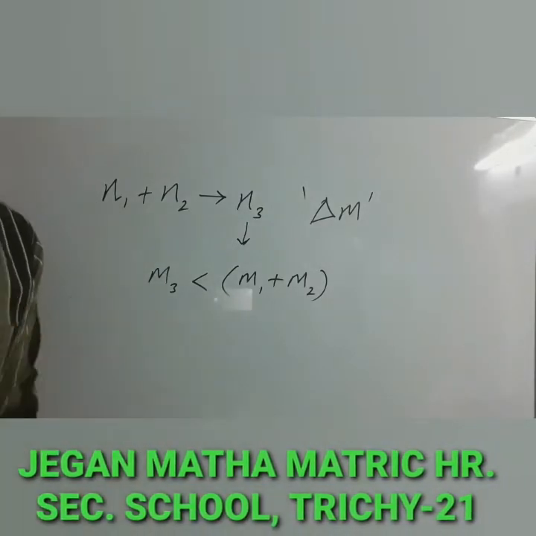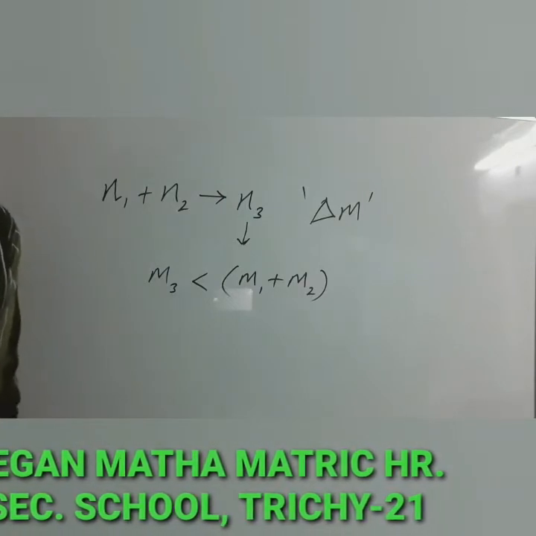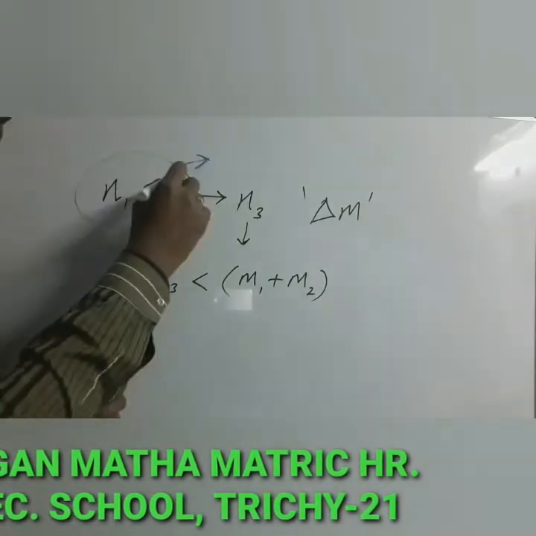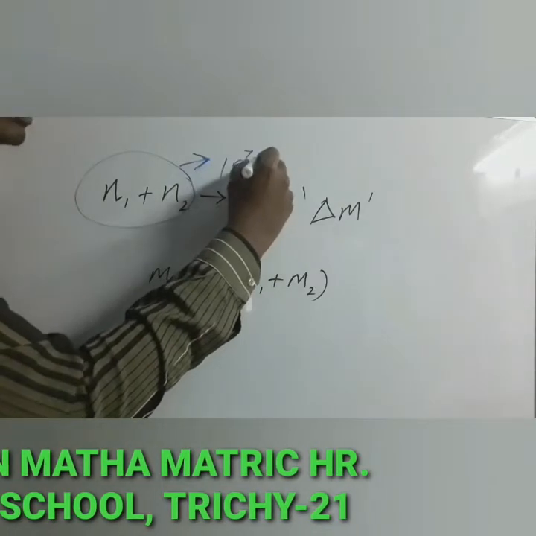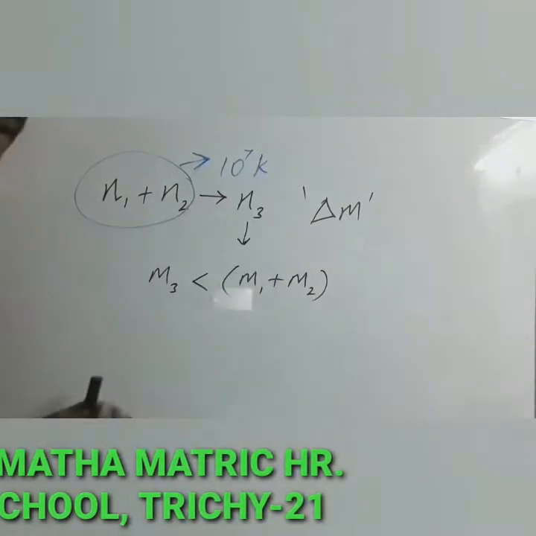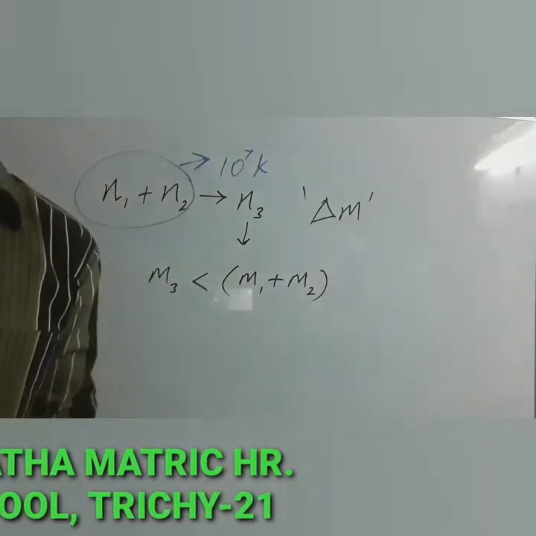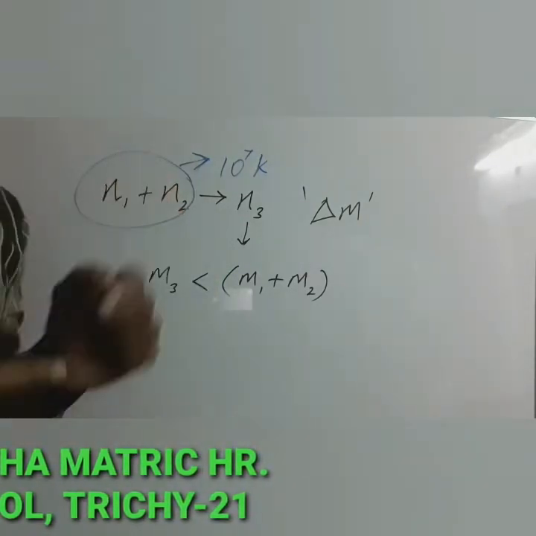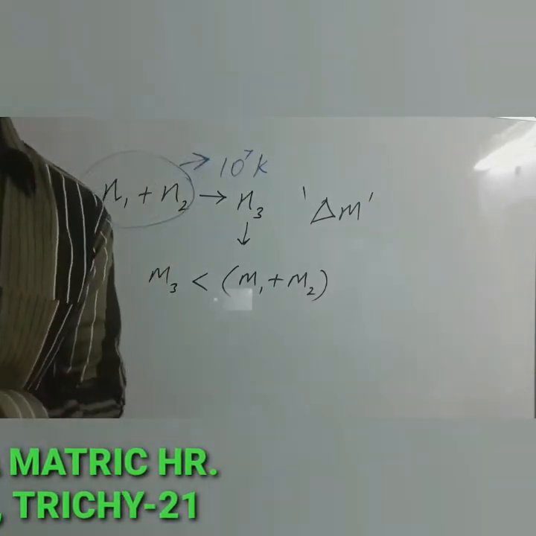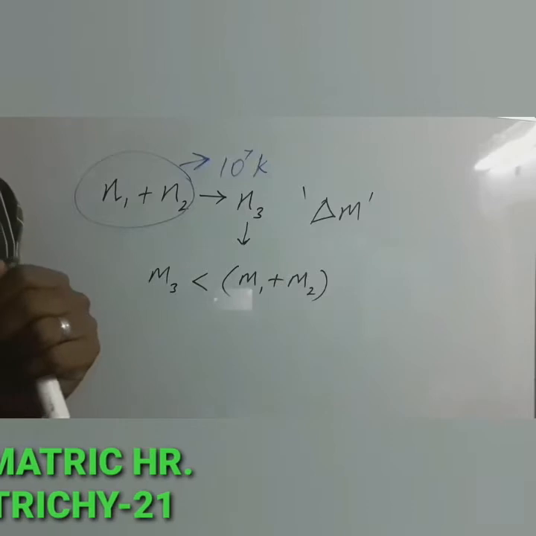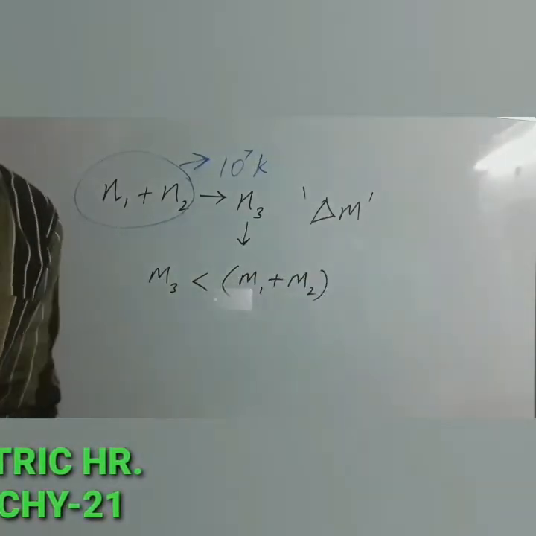This can be achieved if the temperature is much greater than 10^7 Kelvin. When the surrounding temperature reaches around 10^7 Kelvin, the lighter nuclei start fusing to form heavier nuclei. This resulting reaction is called a thermonuclear fusion reaction.